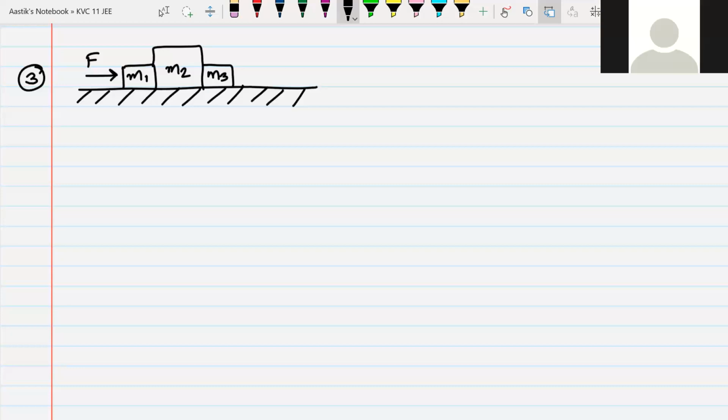Think about it. How do you get the forces between the two blocks?